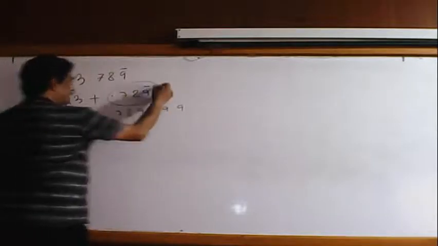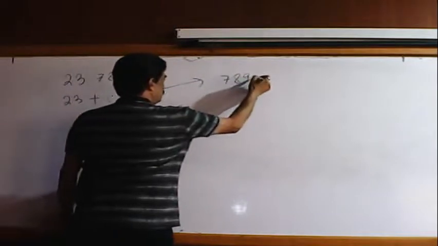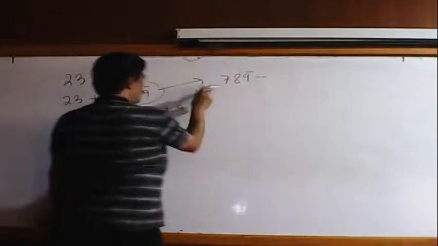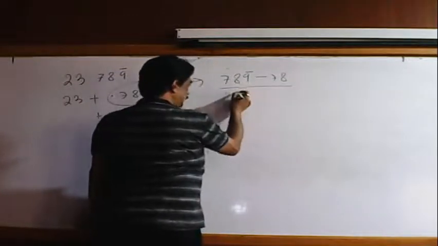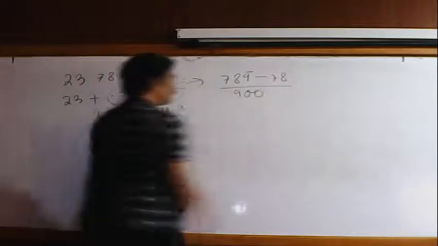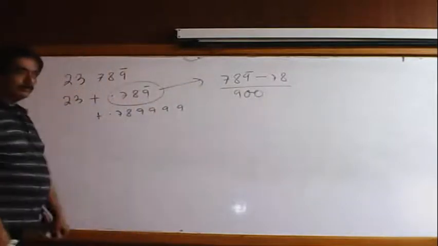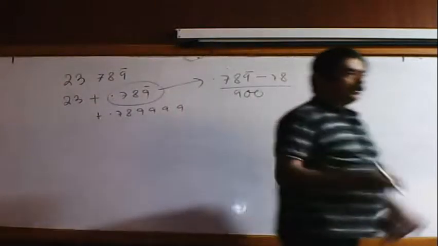If I omit the recurring sign, your result is 0.789 minus the non-recurring part 78, divided by how many digits are recurring? 9, so 1 nine. How many non-recurring? 2 zeros. You have to calculate this way. Okay, so observe this thing, then we will do the next part.